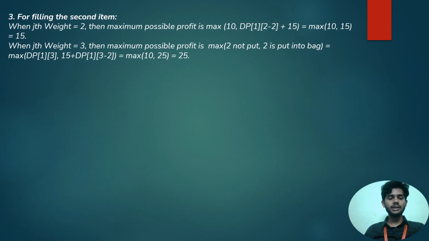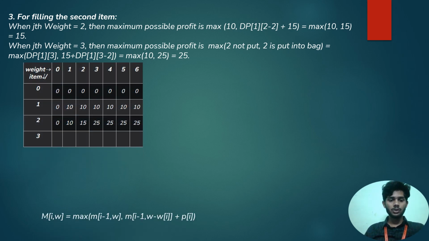Now let's see filling the second item whose weight is 2 kg. By using this formula we will find the profit. For capacity 0 we cannot insert, so the profit will be 0.